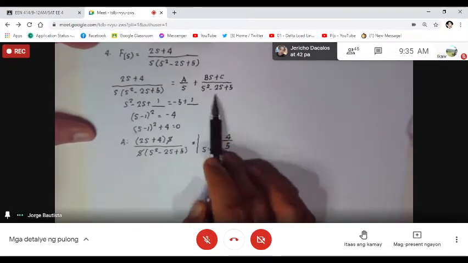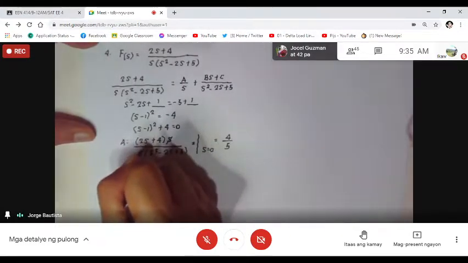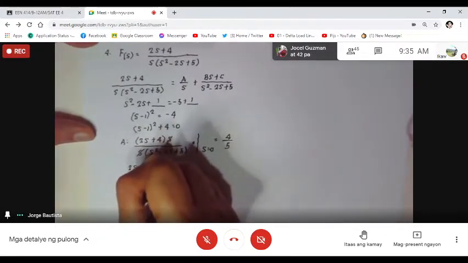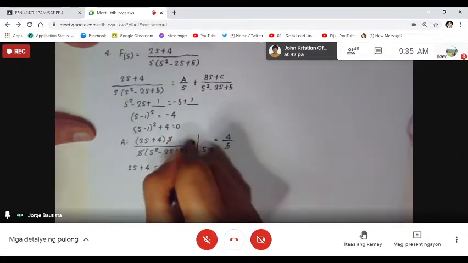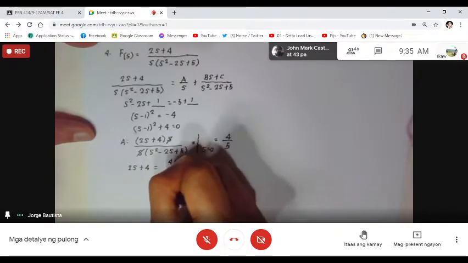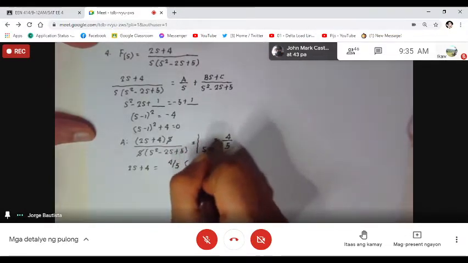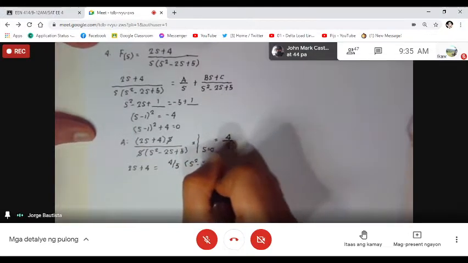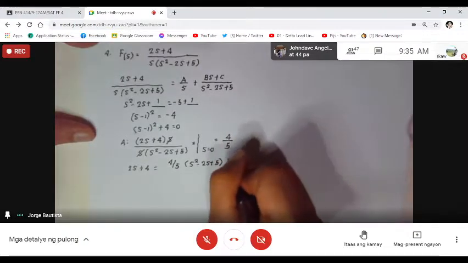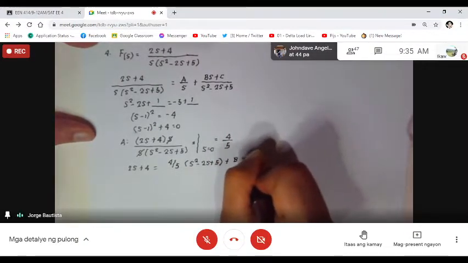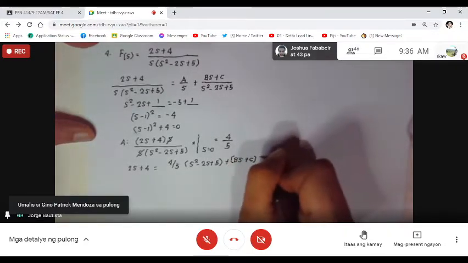Next, since this one is a complex term, we have 2s plus 4 equal to A, where A is 4 over 5, times s squared minus 2s plus 5, plus Bs plus C multiplied by s.